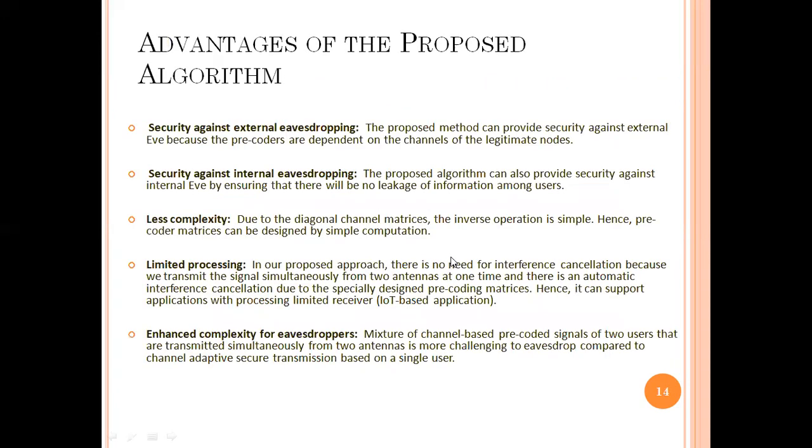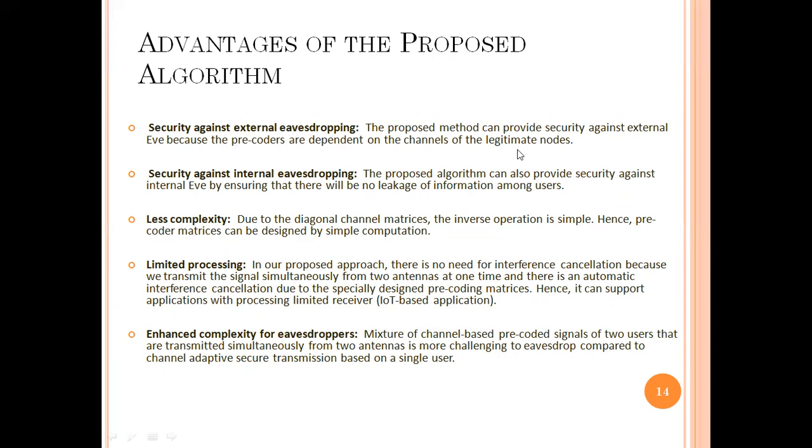So the advantages of the proposed algorithm are that it provides security against external eavesdropping and security against internal eavesdropping. It is less complex, it requires limited processing, and it enhances the complexity for the eavesdroppers.